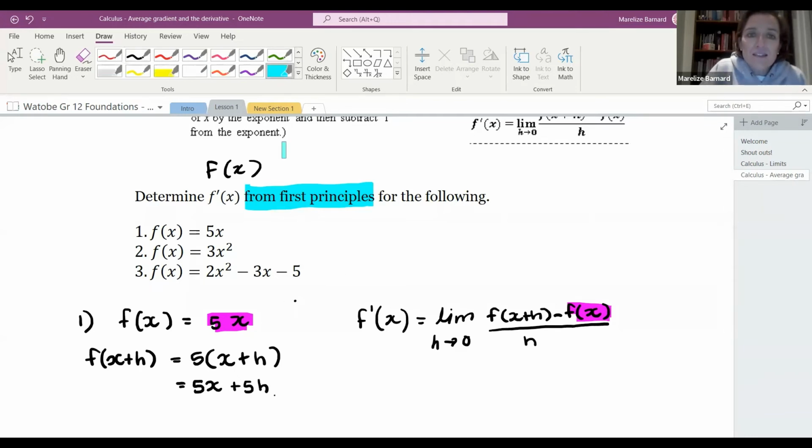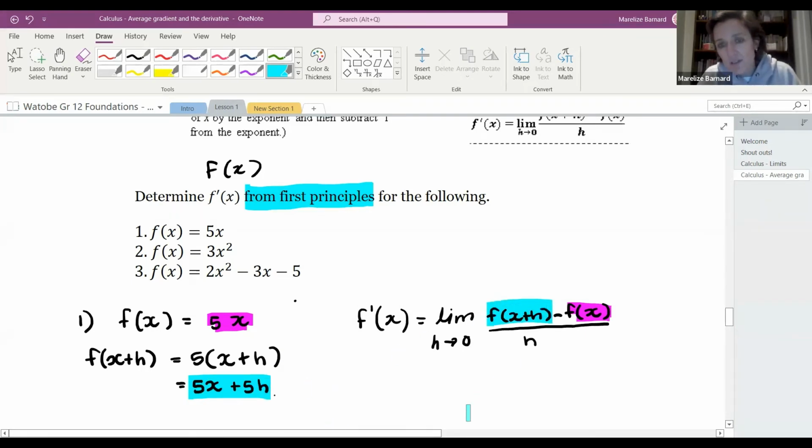That simplified and multiplied out version is what you substitute in here. It helps to keep things a little bit shorter, with less writing and less of a mess, because if you've worked with this first principles formula, you know that it can get messy.